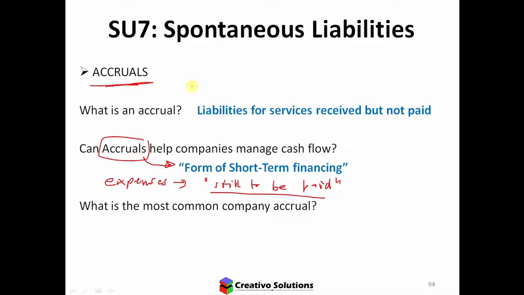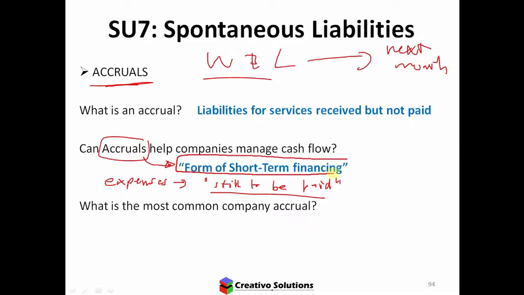In arrears. Using the water and electricity is better because I can pay for it next month. In terms of cash flow, that's a form of financing. If you can use something now and pay for it later, that's what an accrual is. An accrual is creating this liability for services or goods that you haven't paid for. Make sense?